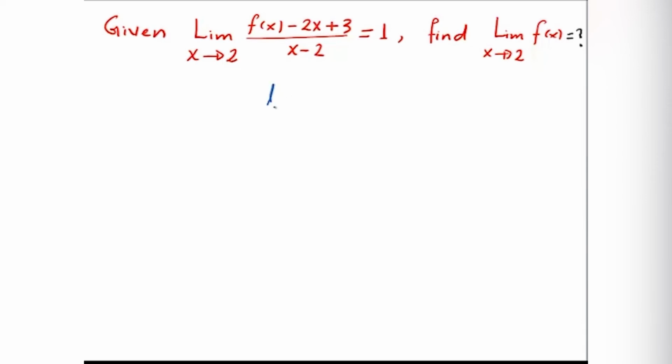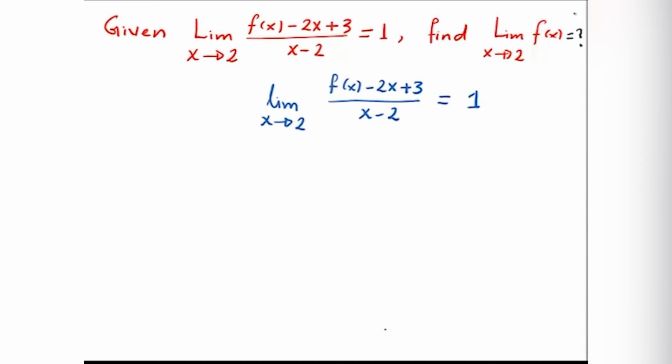It's very simple. So I'm given the limit as x goes to 2 of f of x minus 2x plus 3 divided by x minus 2 equals 1.